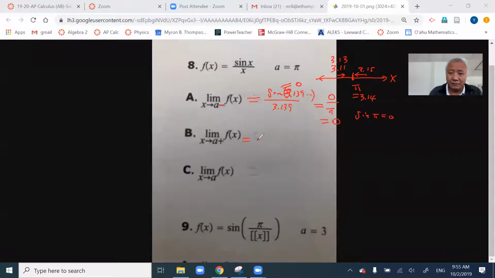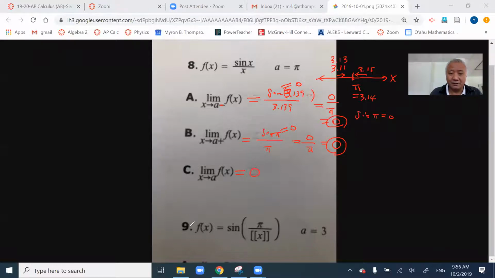And here you get sine pi, which equals 0. So you have 0 over pi equals 0. Since the left limit equals 0, the right limit also equals 0. So the limit exists. So this one will be equal to 0.